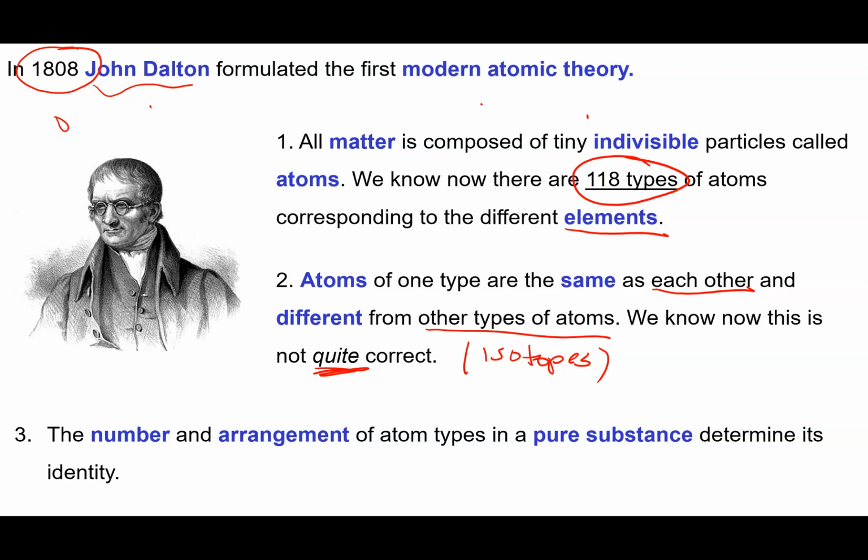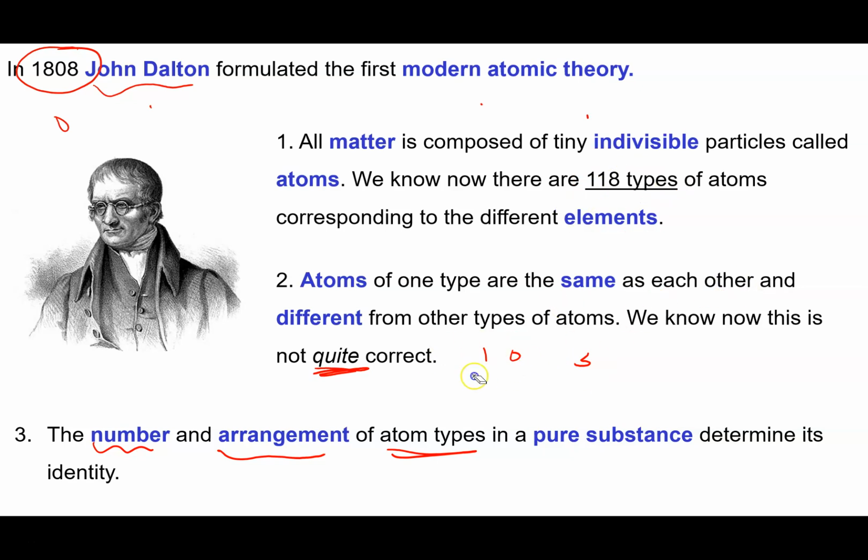Dalton's third postulate explains why we see more than 118 different types of pure substances. What he's saying in postulate 3 is that the number and arrangement of atom types in a pure substance determines its identity. Let me try to give a little example of this on what little white space I've got here.